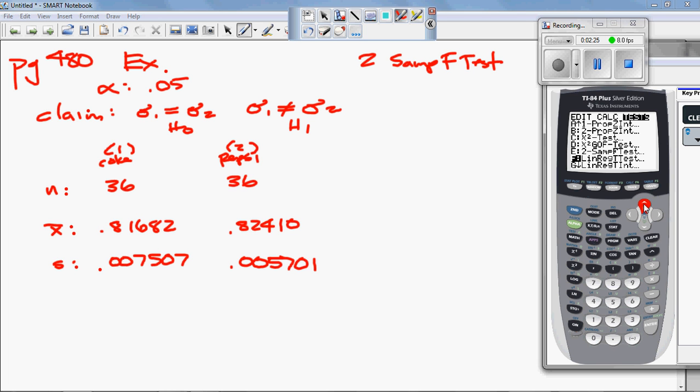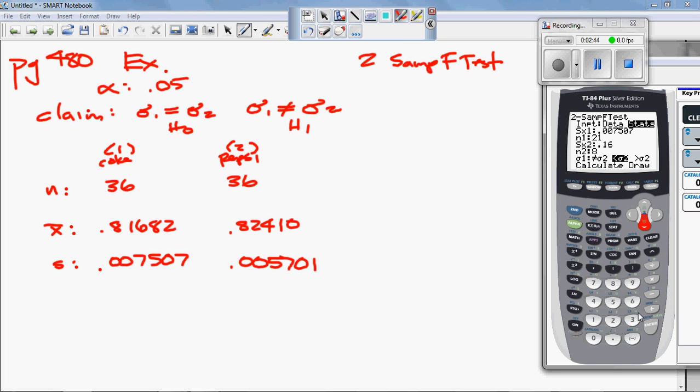There it is. Alright, we hit enter, and we're going to enter the statistics that are given in the problem. S1 is 0.007507.